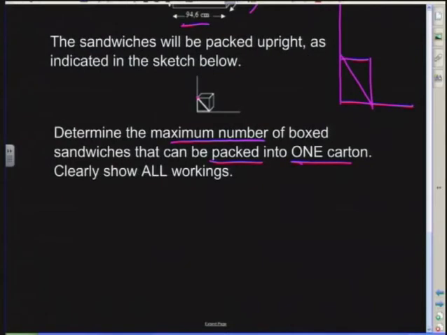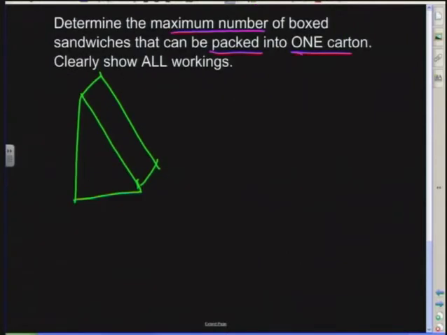So what I'm going to do is redraw my sandwich. So I have a sandwich, that is actually 3-dimensional. This side of the sandwich was 11 centimeters, and that side was 11 centimeters. And I'm going to be putting a second one, but my height here was 60 millimeters or 6 centimeters.